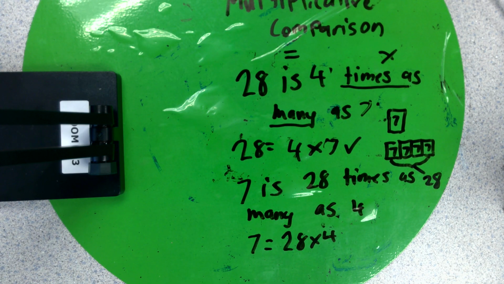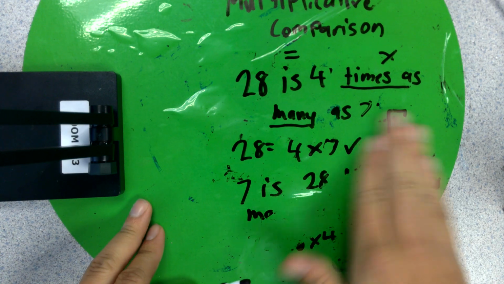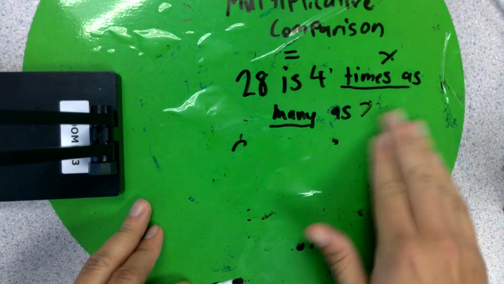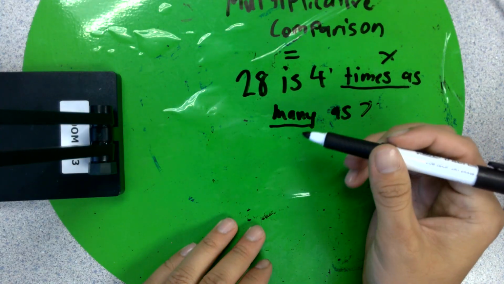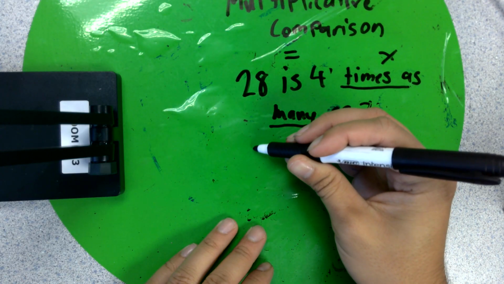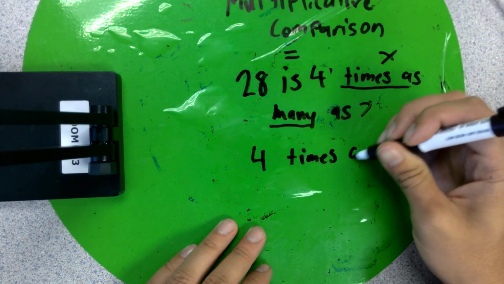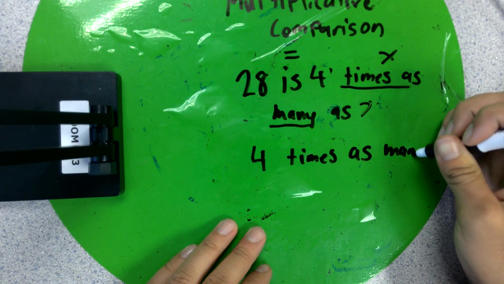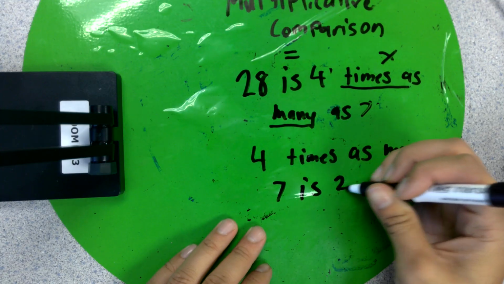So there's also another way you can rewrite this. 28 is 4 times as many as 7. You can also write it kind of backwards. So you can also say 4 times as many as 7 is 28.